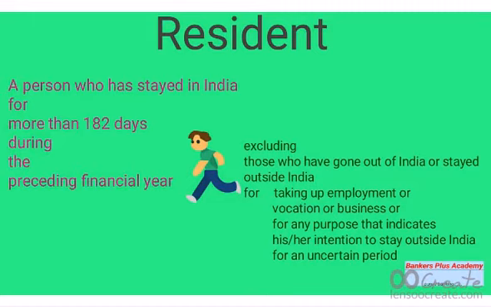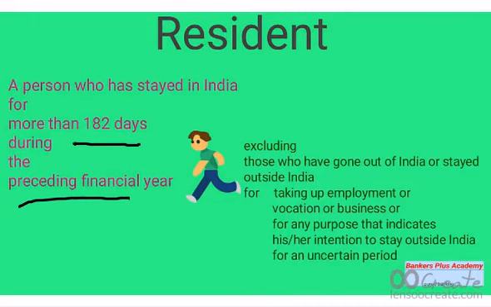As per FEMA, a resident is a person who has stayed in India for more than 182 days during the preceding financial year. So, a resident is a person who has been in India for more than 182 days during the preceding financial year. But there are some exclusions.